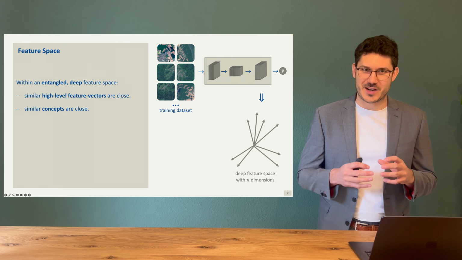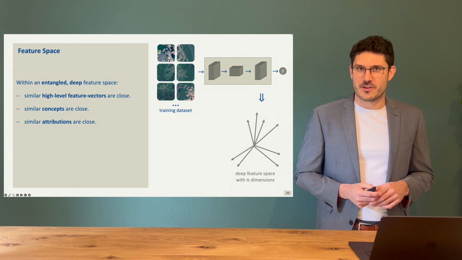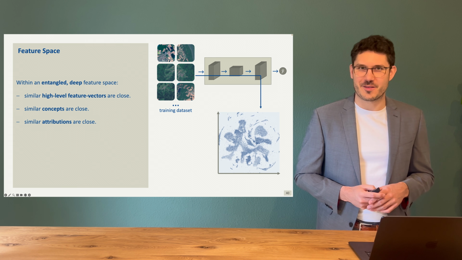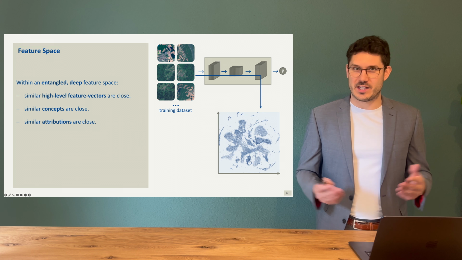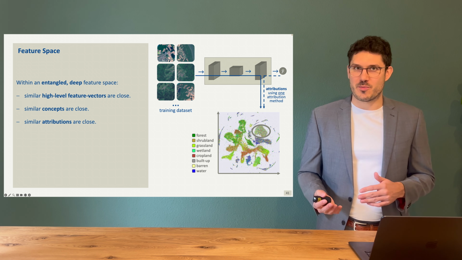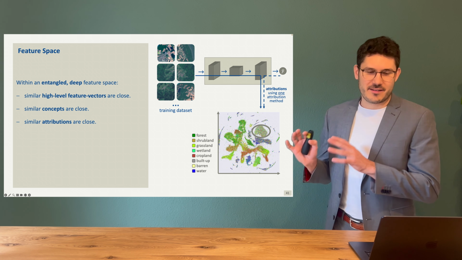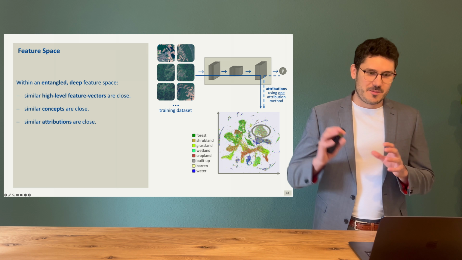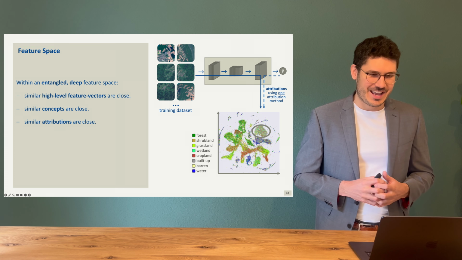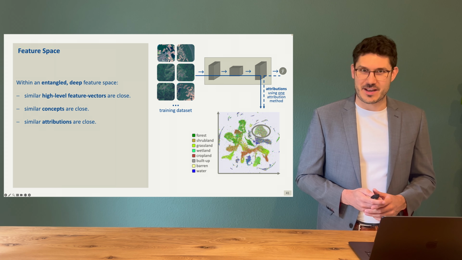And when concepts regarding the predicted classes are close, then attributions should be close as well. So let's have a look at how this feature space looks if we reduce the dimensions and compute the attributions using one attribution method. And as you can see here, some clusters seem to emerge, with this example cluster having attributions that are mostly aligned to the build-up class.